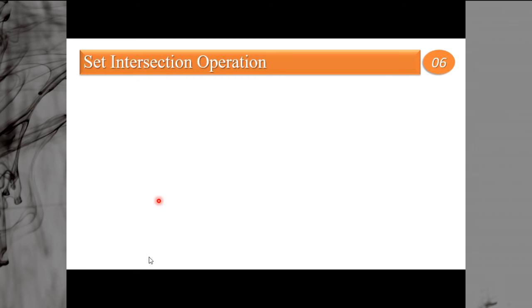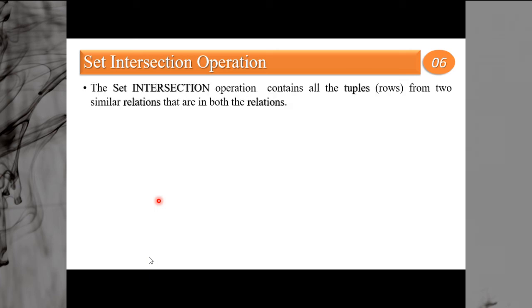Then there is the set intersection operation. Set intersection means what is common between the two relations. Again, the relations should be similar, like in the union case. The set intersection operation contains all the tuples from two similar relations that are in both relations.